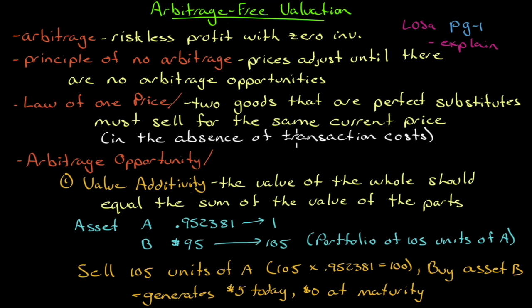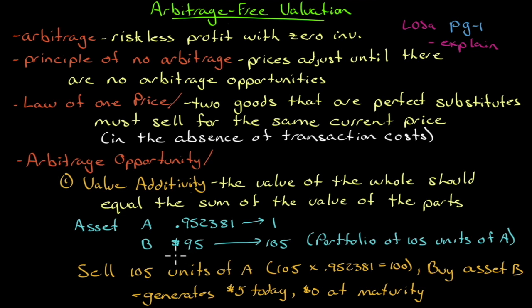So let's have a look at an example. Asset A is priced at 0.952381. It matures at $1 in 1 year. Asset B is $95 today, matures at $105, and asset B is just a portfolio of 105 units of A. So, remember now, if we're going to do arbitrage, buy low, sell high. Which one is priced low?